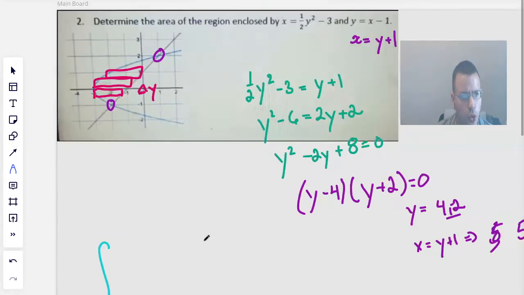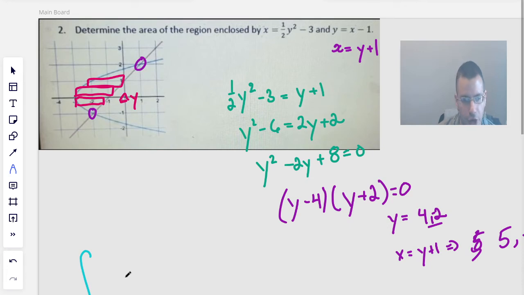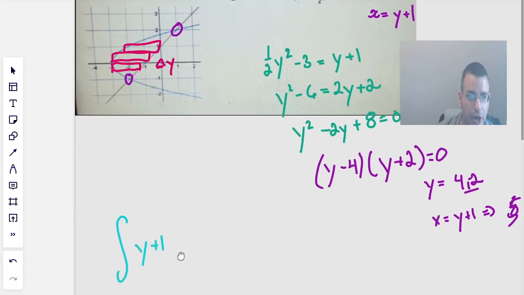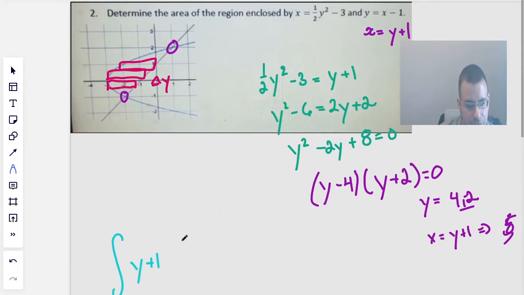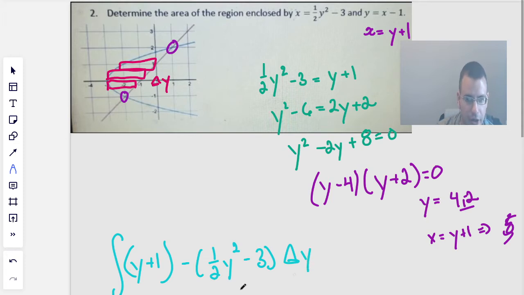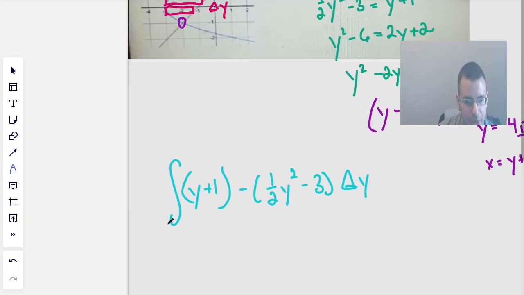We're going to do right minus left. Right is y plus 1, and then the left, which we subtract from this, is 1/2 y squared minus 3, and I'll put a little delta y there. I'm going to integrate this from negative 2 to 4.